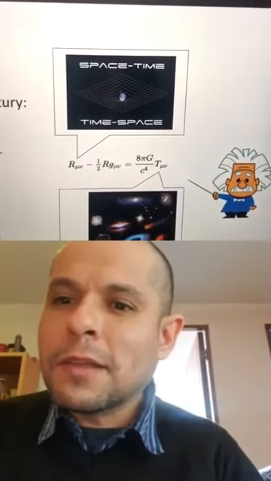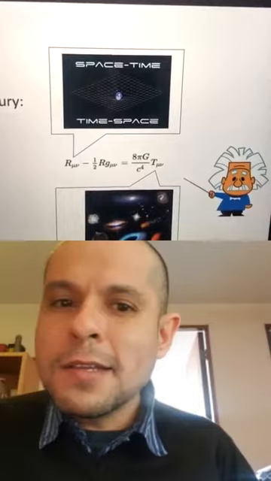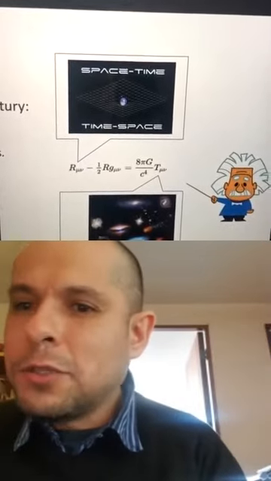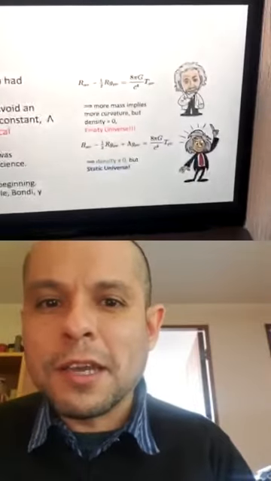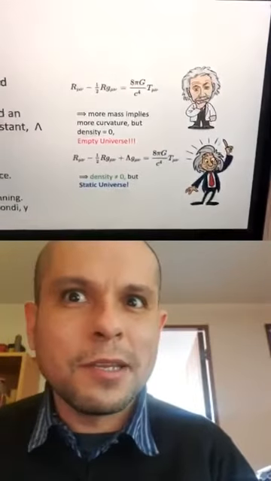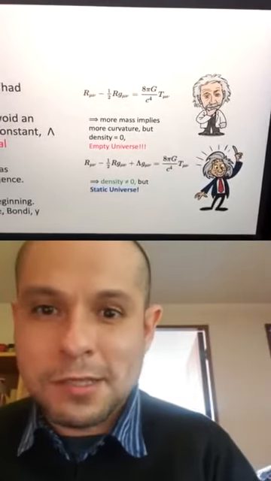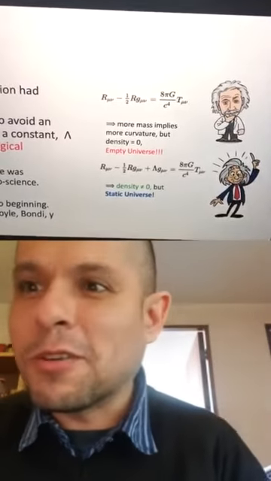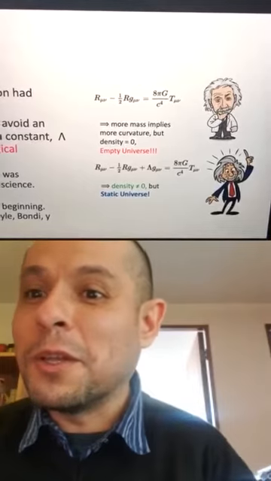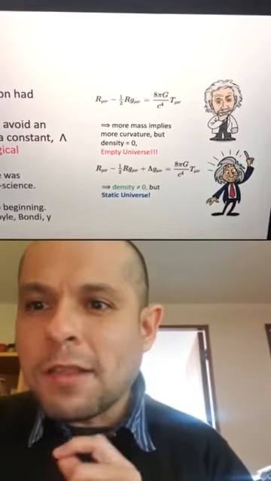Well, you can show the next slide. What you see in the next slide is Einstein thinking about that. Physicists and astronomers consider this equation beautiful. Well, we have a strange sense of beauty. But anyway, Einstein thought about this.